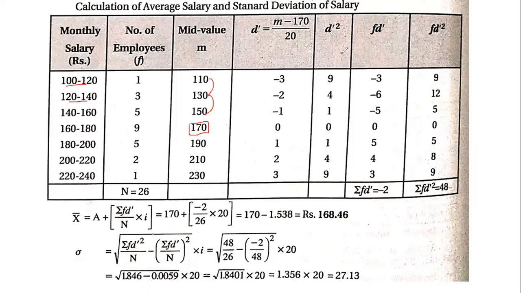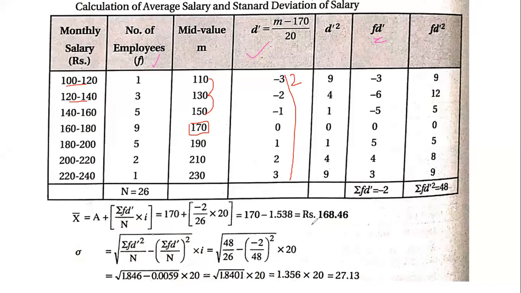Immediately you can find D dash square. Just square all these numbers, you get D dash square. Now, after finding D dash and D dash square, let's multiply frequencies. Frequency into D dash will give you FD dash.